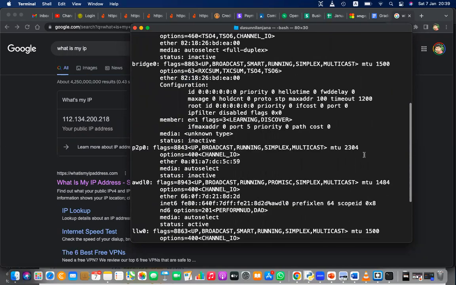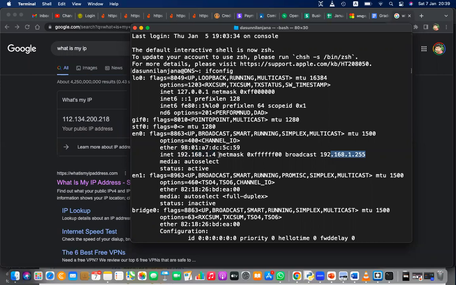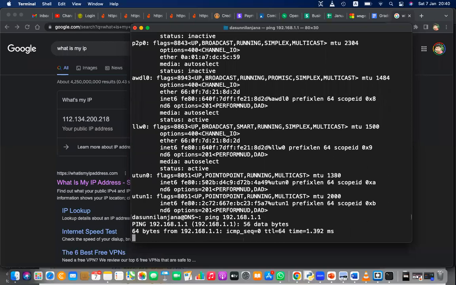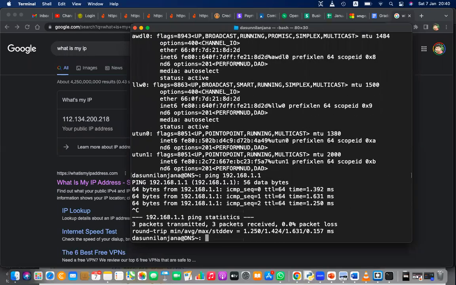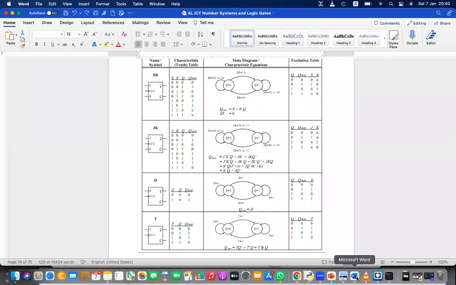The default gateway IP address, which is mentioned there somewhere, should be 192.168.1.1 mostly. So you can ping 192.168.1.1, which is basically my router IP. That is the private interface of my router, and this is the public interface of my router. Likewise, you can get both addresses.